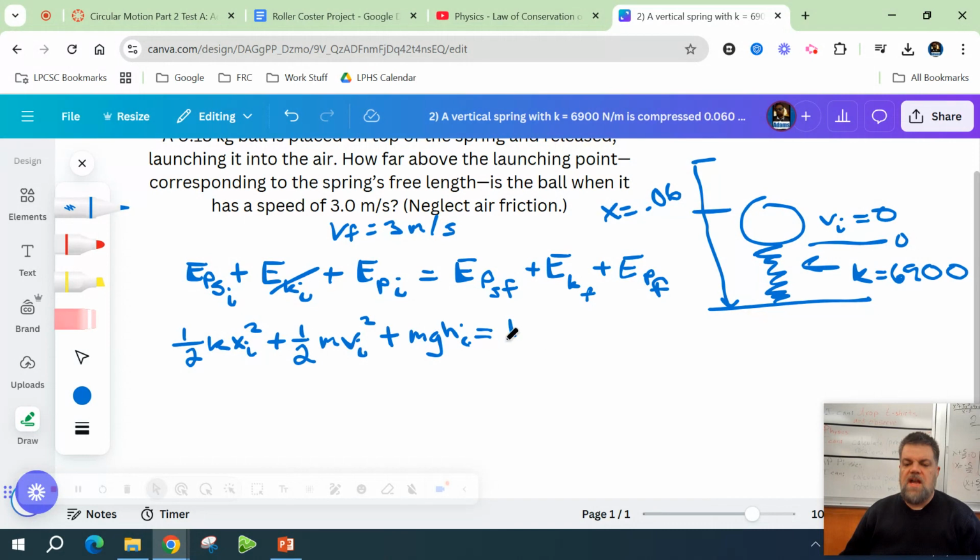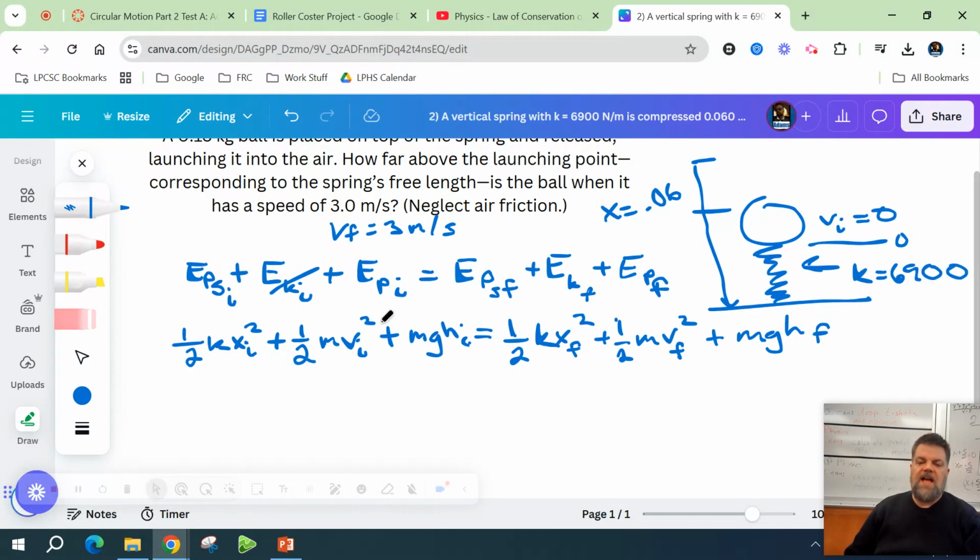And then over here I have 1/2 kx final squared, and then that's going to be added to 1/2 the mass times the final velocity squared, plus mgh final.